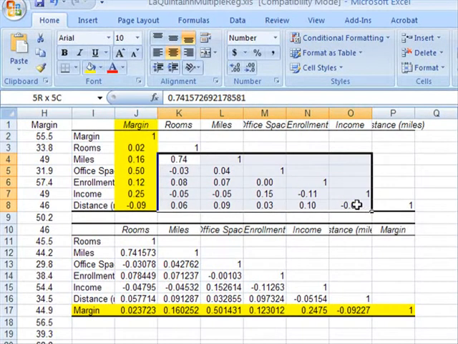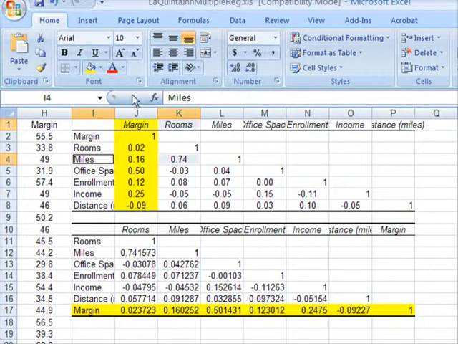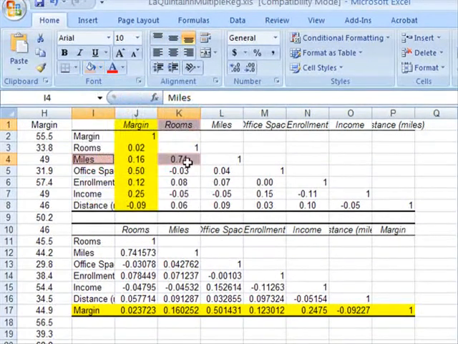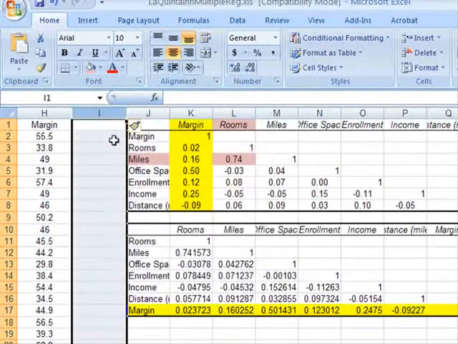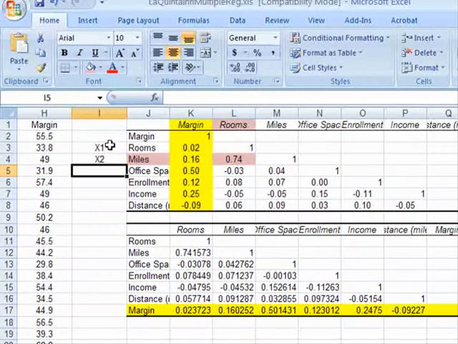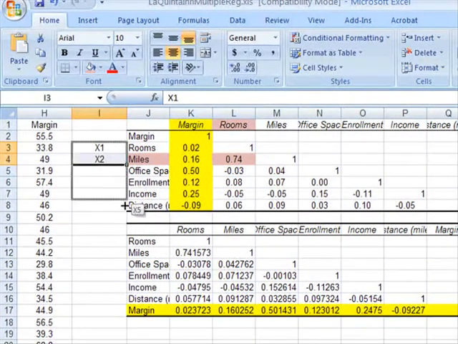Now, analyzing for multicollinearity here, we can check that there is one problem between miles and rooms. So there is a multicollinearity problem here between x1 and x2. Let me add here the names of the variables so that I remember to just say x1 and x2.